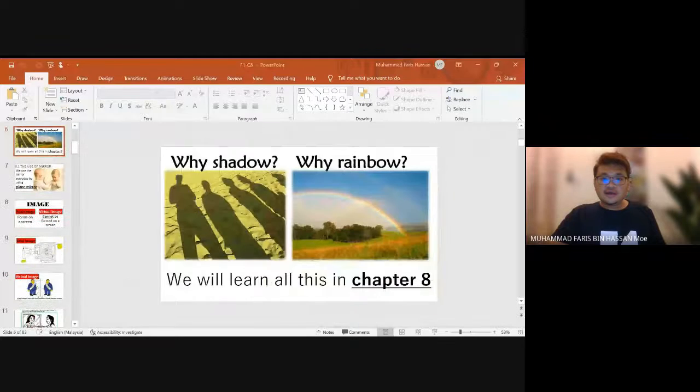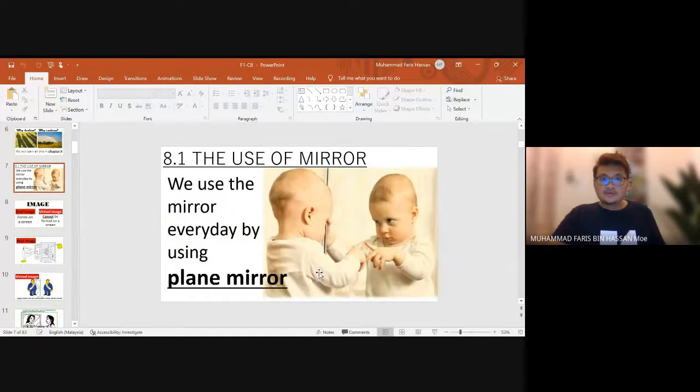So let's see this slide attachment here. Please take a look at the slide. As you can see from the slides, during our previous class, we already learned about the use of a mirror.